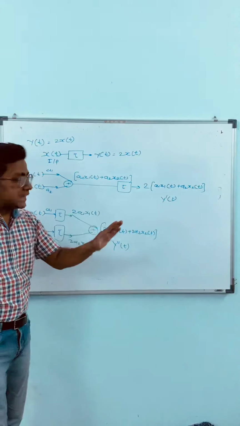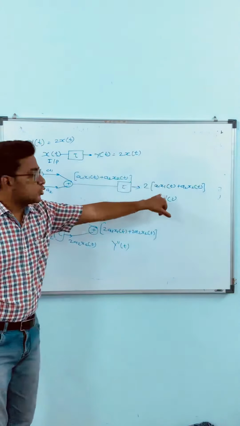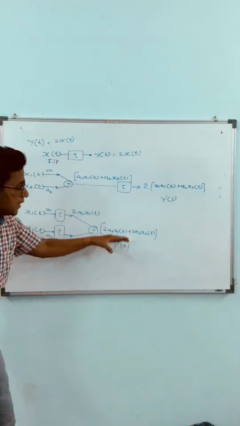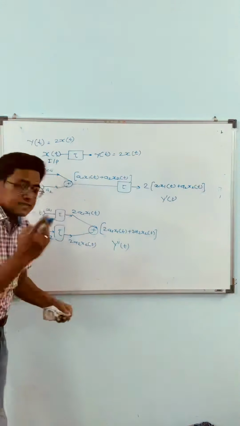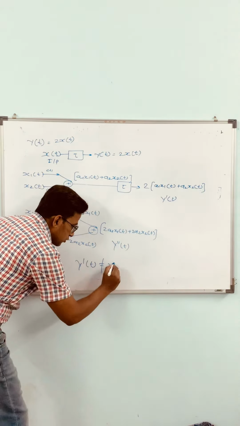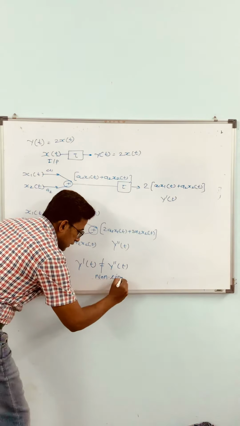It will not happen like that. The complete function enters the system once and the 2 is getting multiplied to the complete function. That's why these two signals are different. You can directly write, it is signals and systems, so you can directly write y dash of t is not equal to y double dash of t and the system is non-linear.